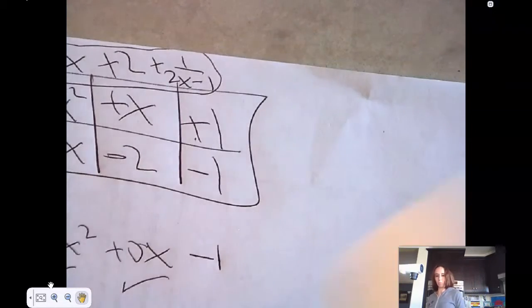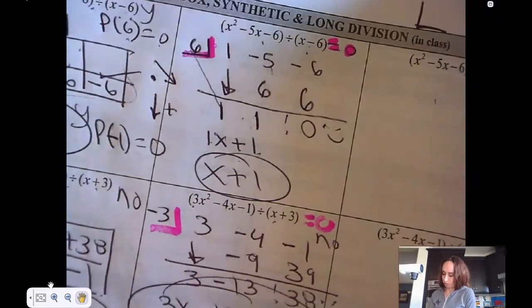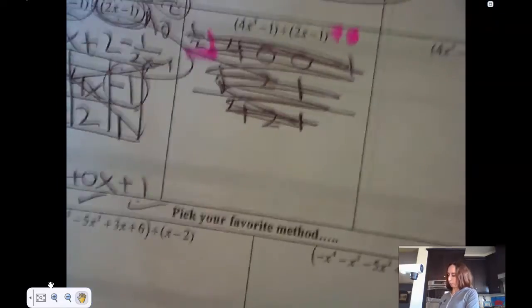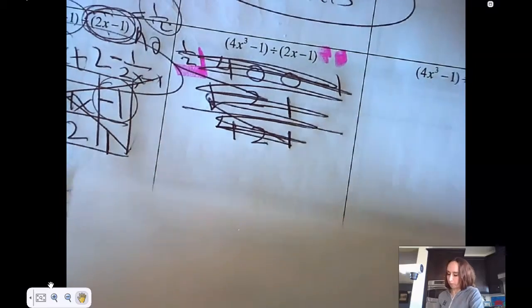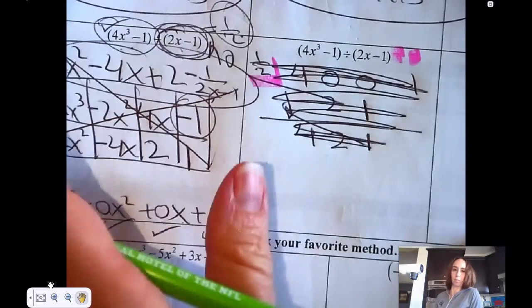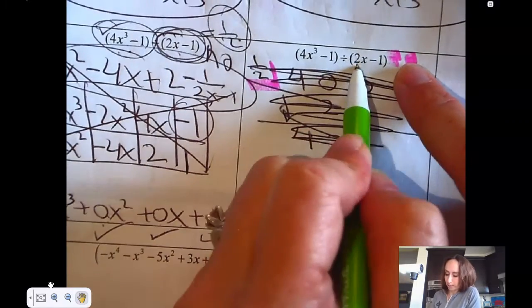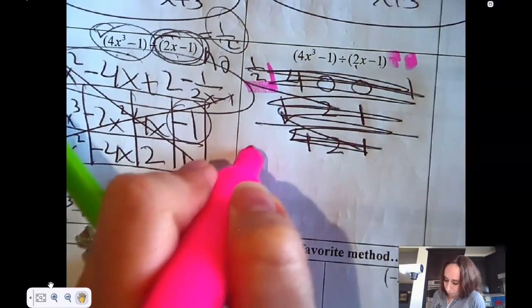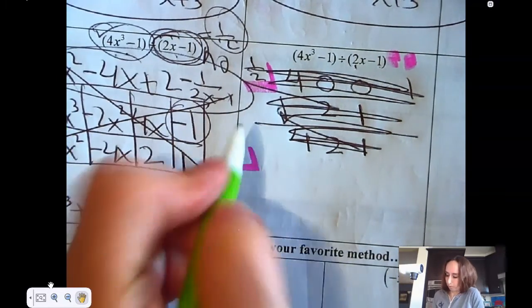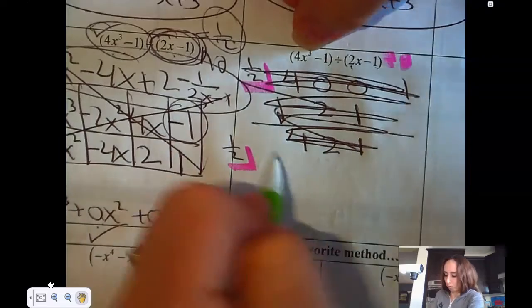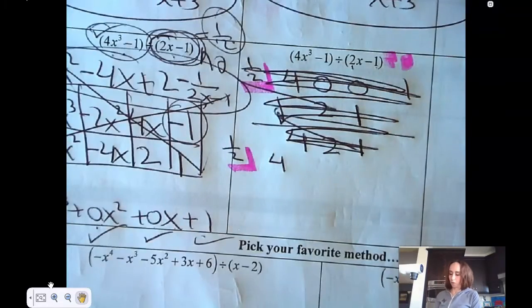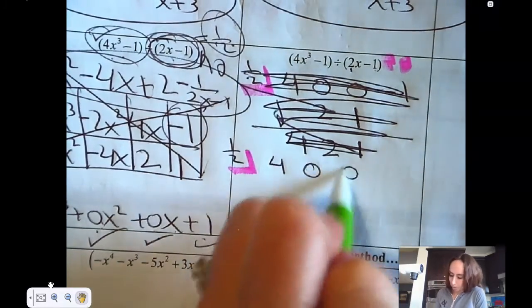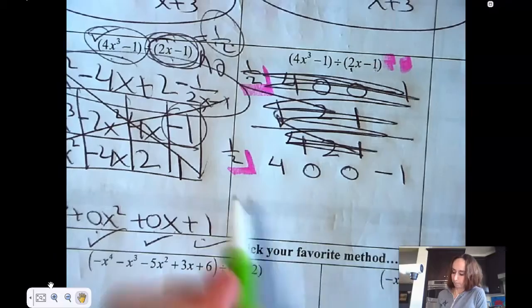So let me redo my synthetic division. And pretend you didn't see that. I will do it down here. And I'll just make it really small so that way I can keep it in the space. So the first thing I do is I set it equal to 0. If I do that, I add 1 and divide by 2. Do my backwards L. That would be 1/2. So then I put the 4, but remember I have x cubed, then x squared, then x, and then a number.